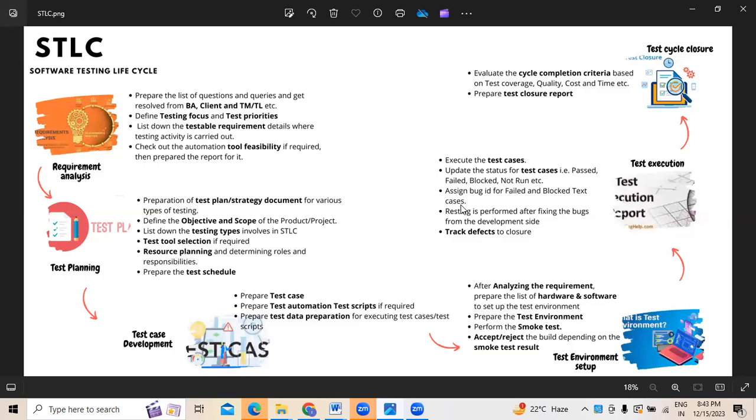Based on that, you come up with a solution, either one or multiple solutions. Whichever solution is feasible and viable will be selected. Those solution requirements will be prepared in a document format and given to the technical team. The technical team will take those and translate them into technical requirements: what hardware, what software, which operating system. All these will be decided by the technical development team.